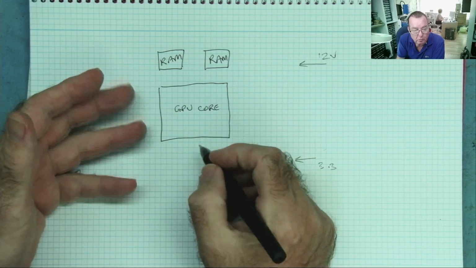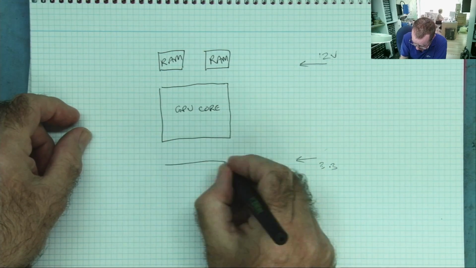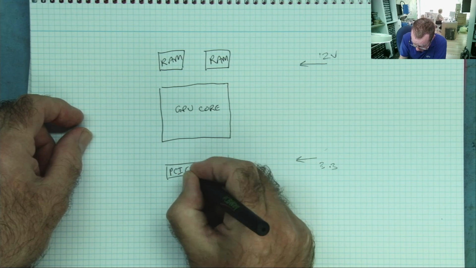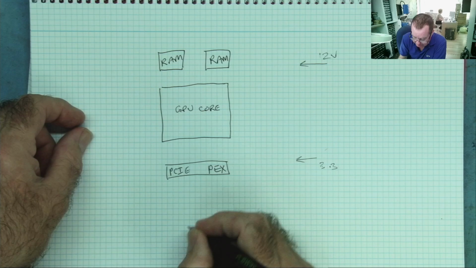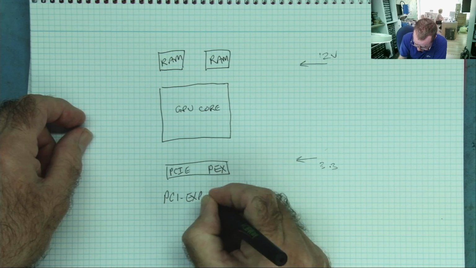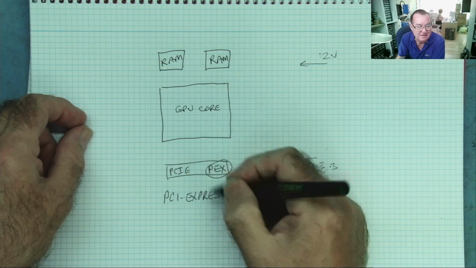The core also has to speak to the PCIe connector. PCIe, this is often abbreviated to PEX, which is short for PCI Express. Okay, so you'll often come across that PEX, it means this interface.